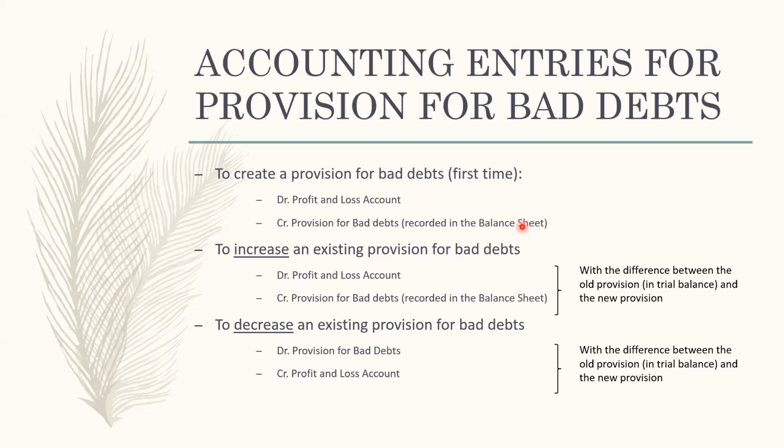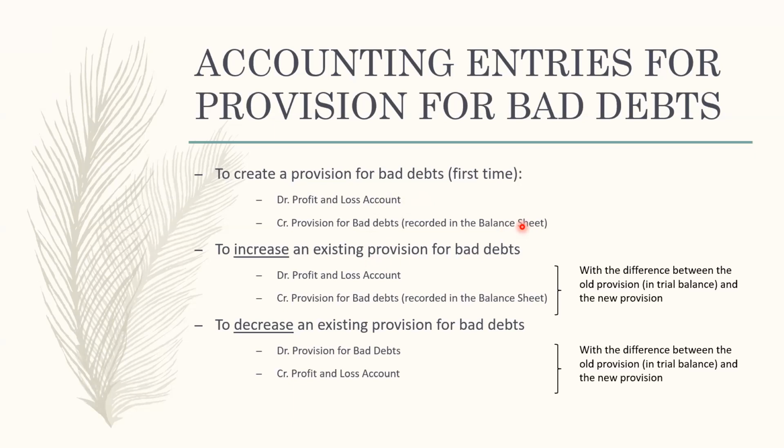Debtor comes and says, I can't pay you back this money. All right, let me take out this provision for bad debt. So you minus whatever that amount is to get our true figure for our debtors. So that is to create a provision for the first time, just in case they fall short of their payments.